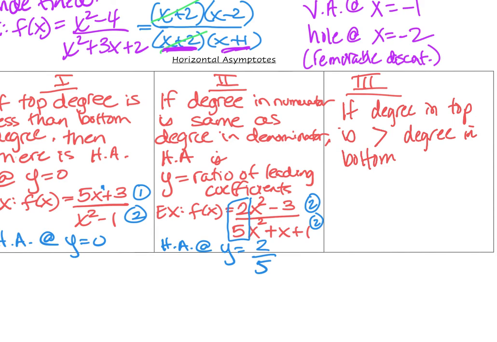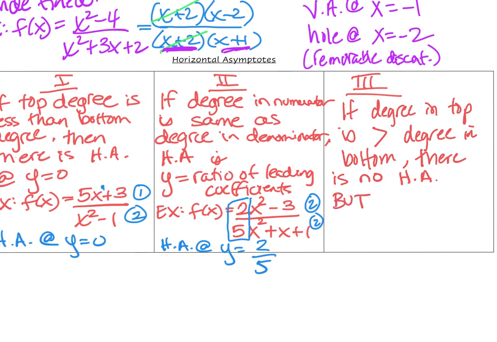I hope my handwriting in class on paper is better than this, but it is super hard to write with a stylus. If the degree in the top is greater than the degree in the bottom, then what's nice about it is there's no horizontal asymptote. There's no horizontal asymptote in this case. So that's the good part.